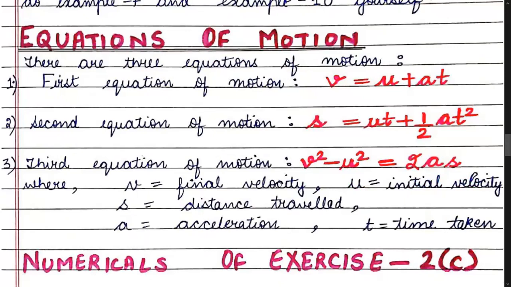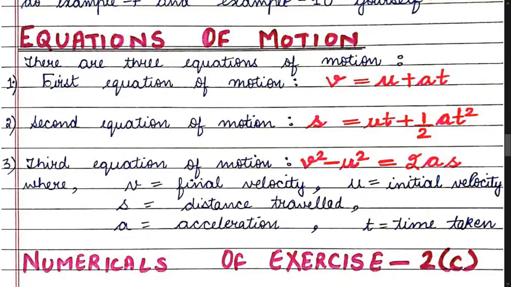After solving the 7th and 10th example, now children, we will start with the numericals of the third exercise. For that, we have to learn 3 equations of motion. You only have to learn these formulae, and these are known as equations of motion.